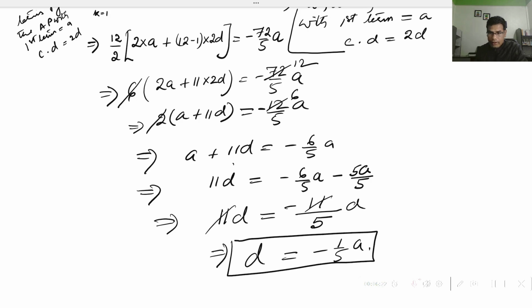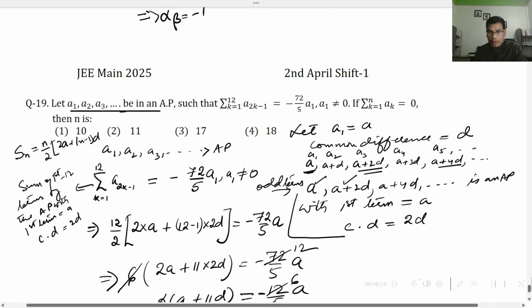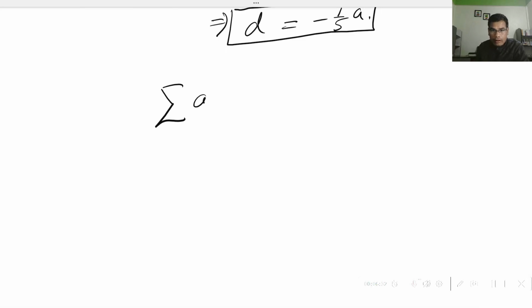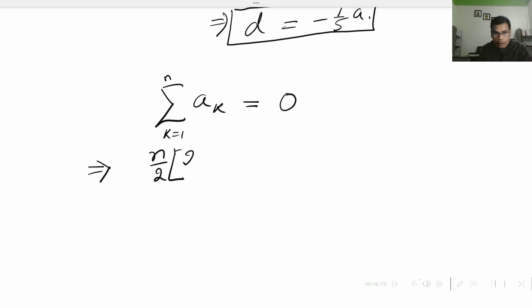The second condition given in this question is the summation of ak where k runs from 1 to n is equal to 0. So this is the sum of the first n terms, which implies n by 2 times, twice A plus n minus 1 D, and this whole thing equals 0.